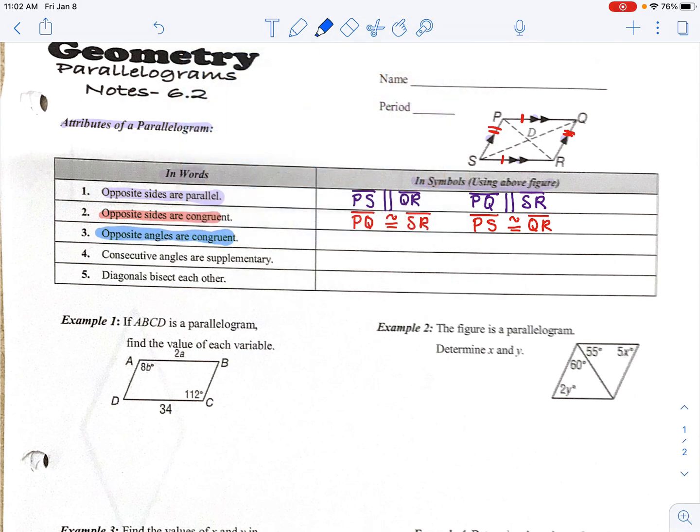The next one says opposite angles are congruent. So the opposite angle from P would be angle R, and the opposite angle from S would be angle Q. So I could say angle P is congruent to angle R, and angle S is congruent to angle Q.